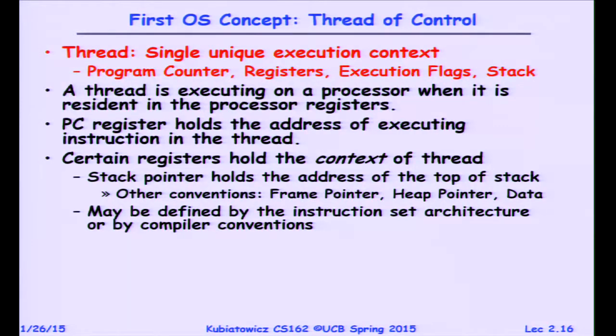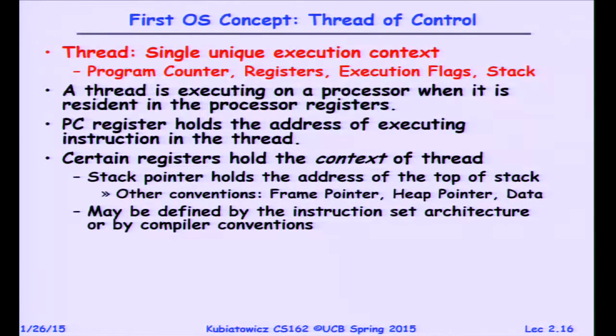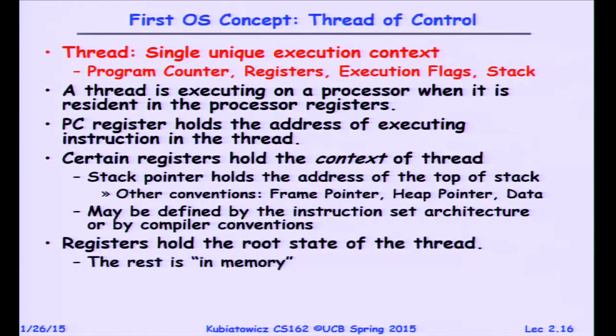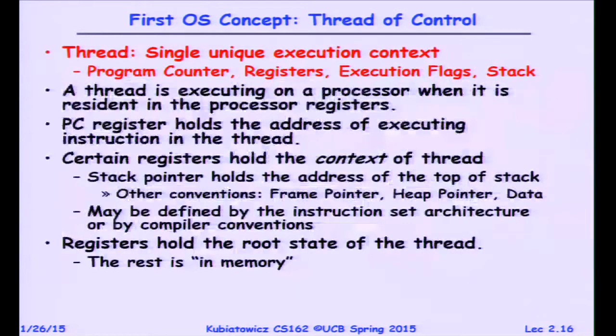So when we're allocating off the heap with malloc, or pushing and popping off the stack, we're basically moving the values in those registers that are pointing in memory. And by the way, this is different for different processors, so you don't have to worry about that now, but x86 is a little different from ARM, which is a little different from all the others. Registers basically hold the root state of the thread. The rest is in memory. Are there any questions?